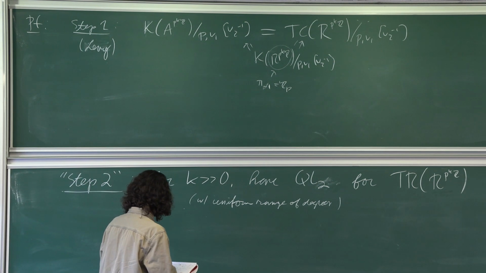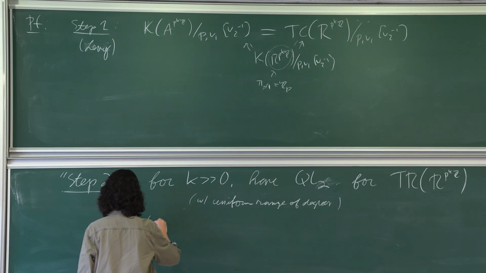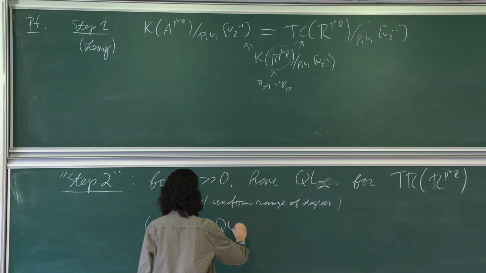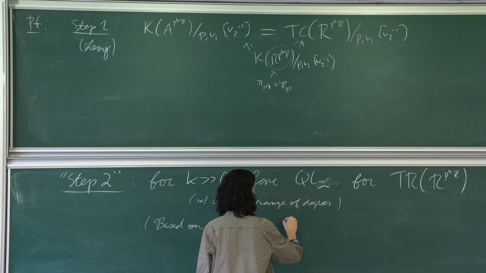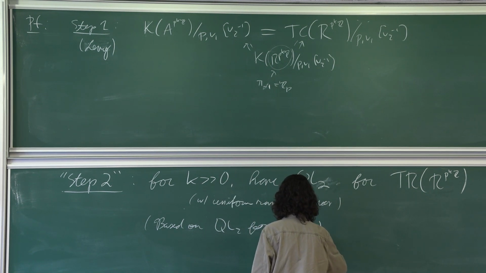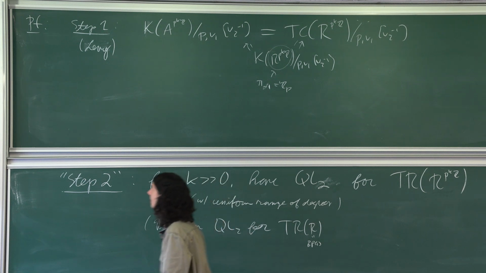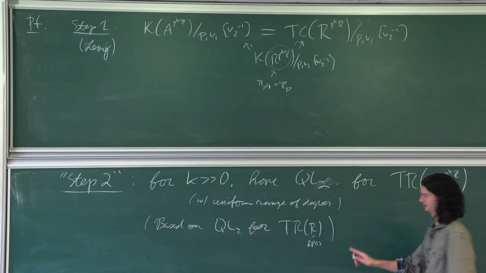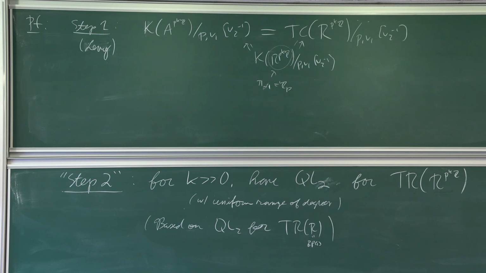Okay. Right, so this is based on QL2 for TR of R, which is BP1. But it's a lie to call it step 2.